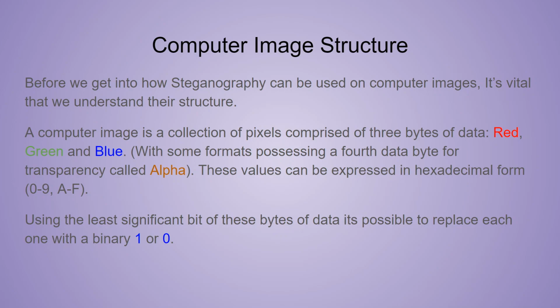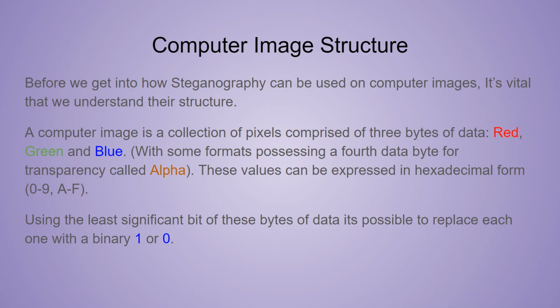These values can be expressed in hexadecimal form from 0 through 9 and A through F, meaning 10 through 15. It's base 16, hexadecimal. And what these bytes of data do is make up the colors that you see on an image.